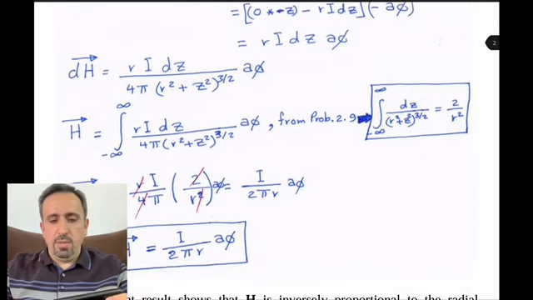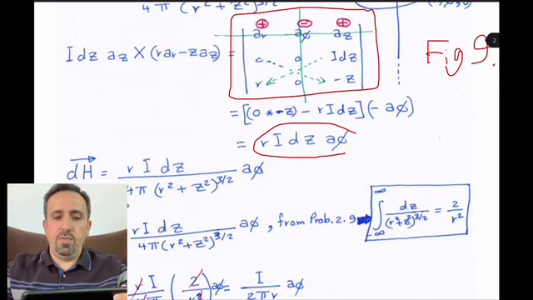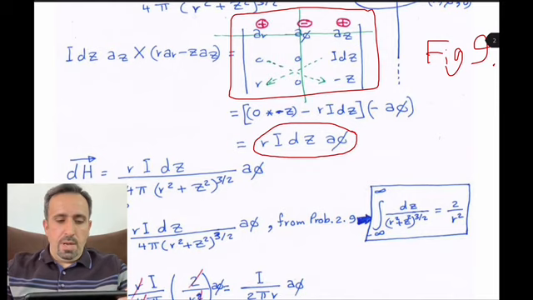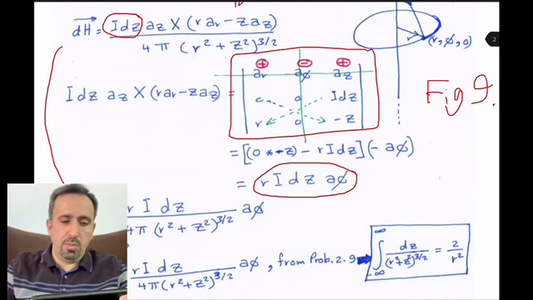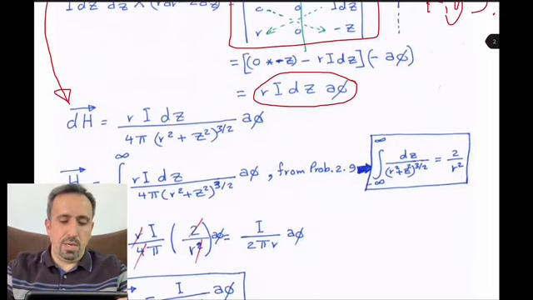After doing that, the product of this cross product operation will be r I dz a_phi. So the direction will be a_phi. Now you will get back to the previous formula and substitute whatever you got in it. After substitution of all of these things, it will be ready for the integral operation.